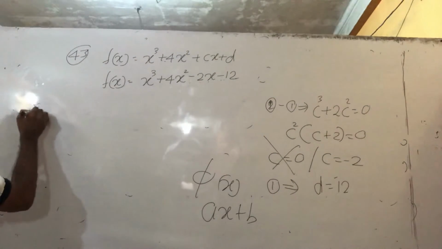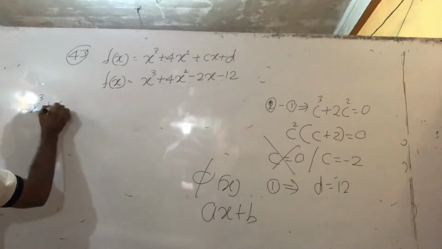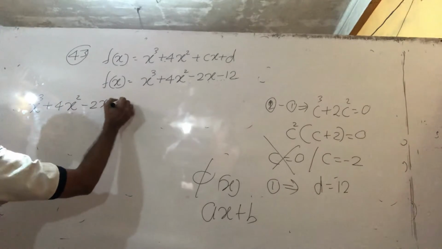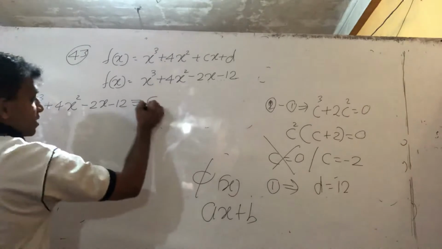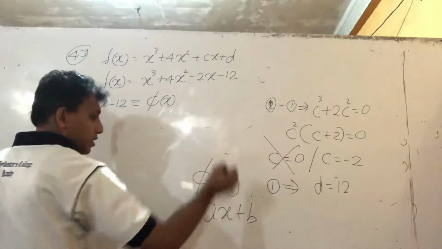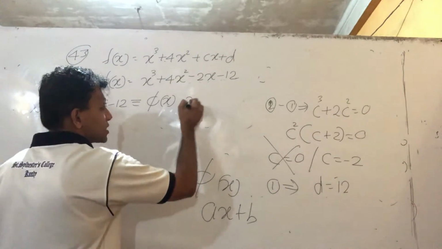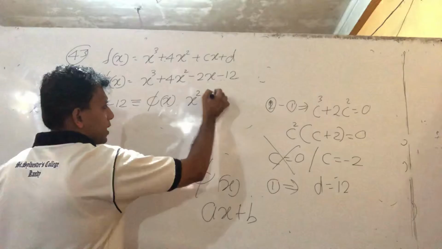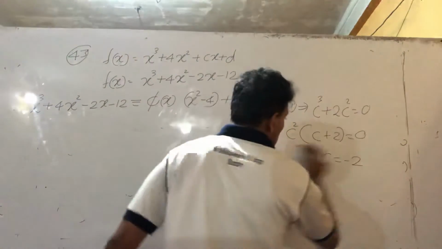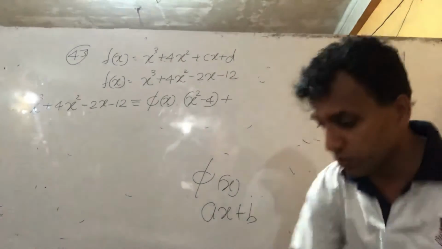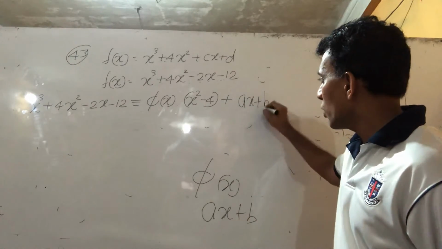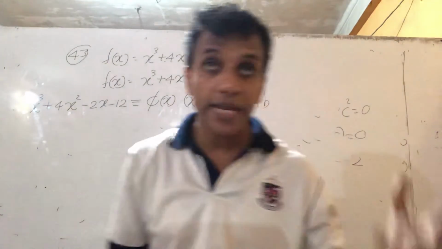So x cube plus 4x square minus 2x minus 12 equals quotient times divisor. The divisor is x square minus 4, plus the remainder ax plus b. We have many problems like this, like the final paper, 2018 question paper.